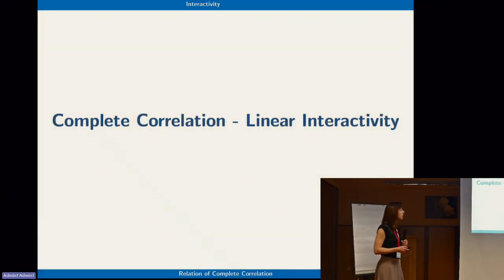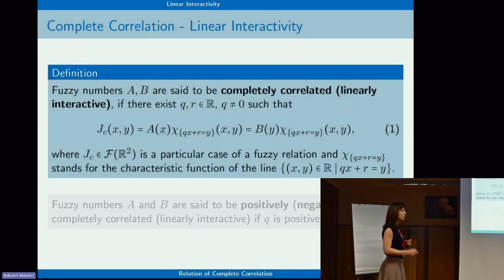Okay, I will start with the definition of complete correlation or linear interactivity.